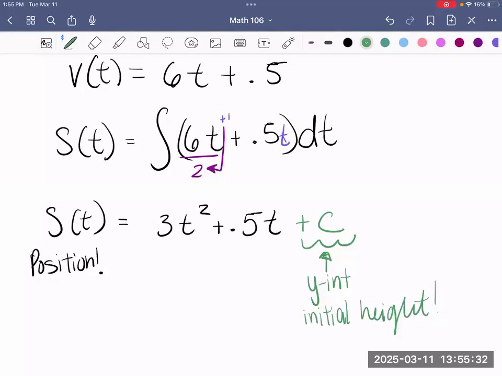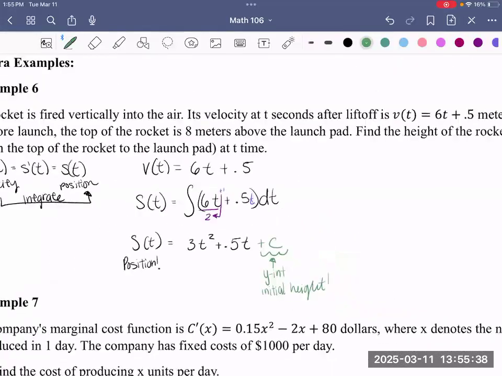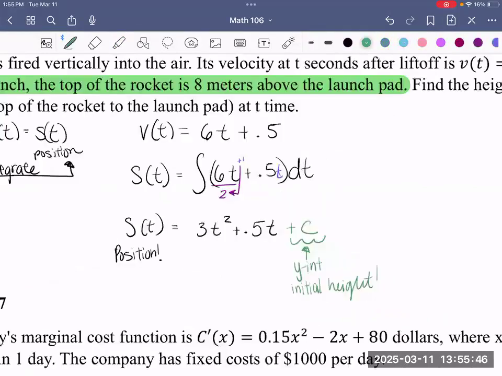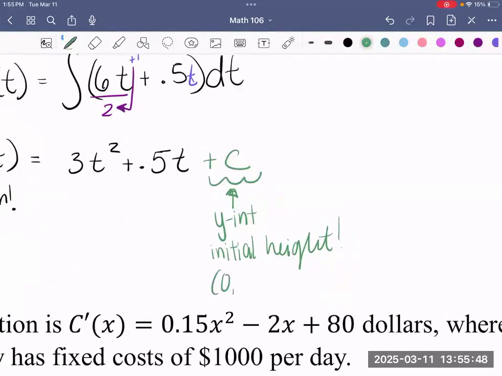Did they tell us what your initial height was? Well, they said before launch, the top of the rocket is 8 meters above the launch pad. That is us saying that this is before launch, when t is equal to 0, we have the value of 8.